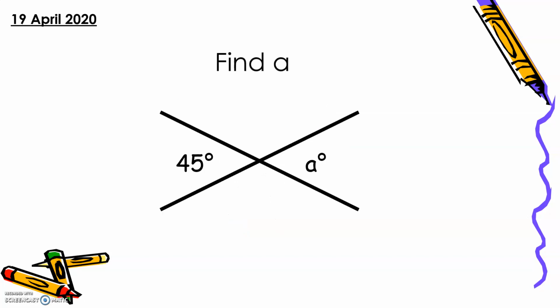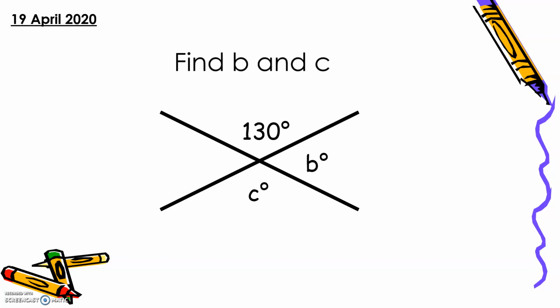So when answering questions, really simply, A is equal to 4 degrees because they're vertically opposite. Here, B and C. So first thing we need to do is B. What is B? B must be 50 degrees.